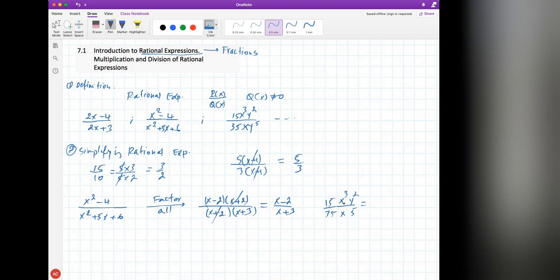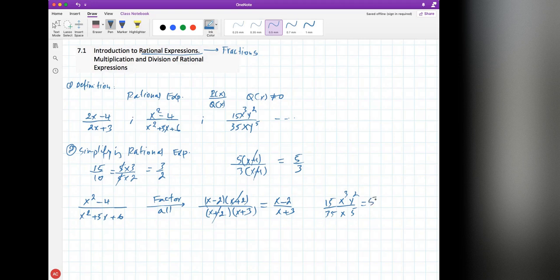We don't need to factor this. It's already factored basically. As you can see, it's monomial over monomial. So we just need to reduce it by the common number. 5, that's right. So we can reduce this by 5.